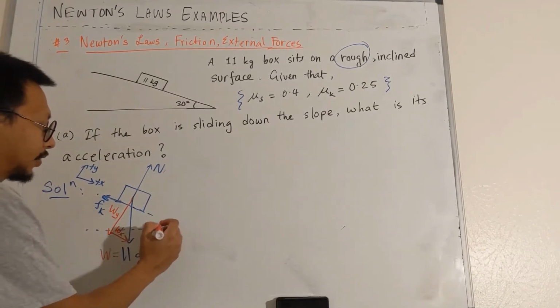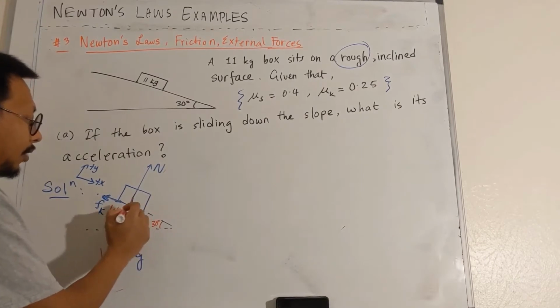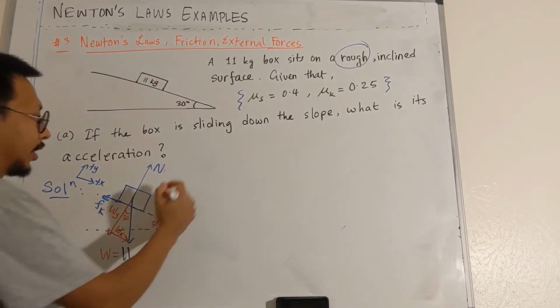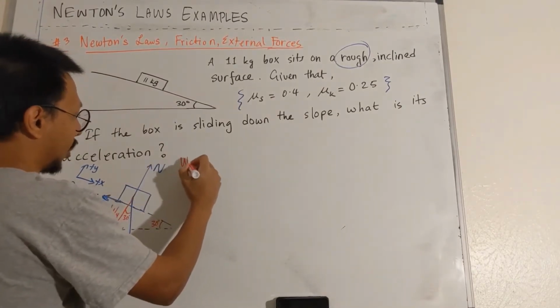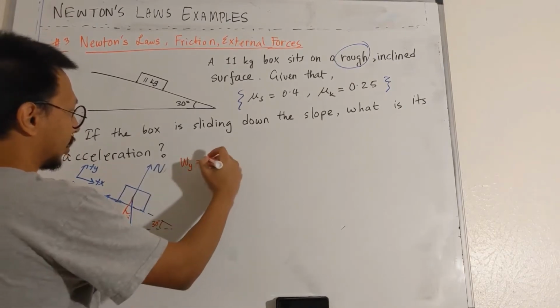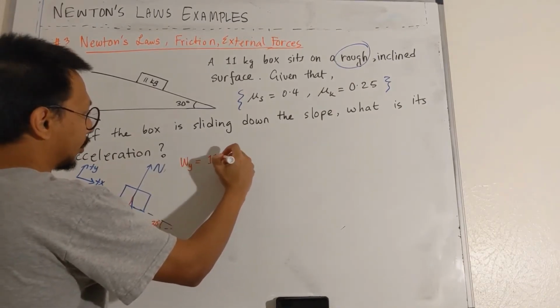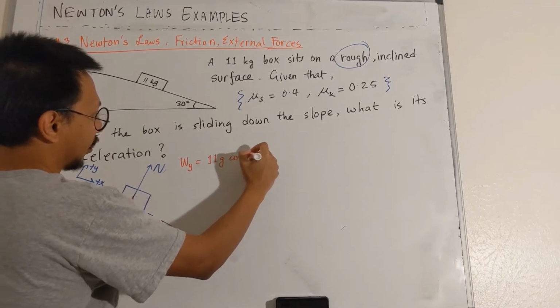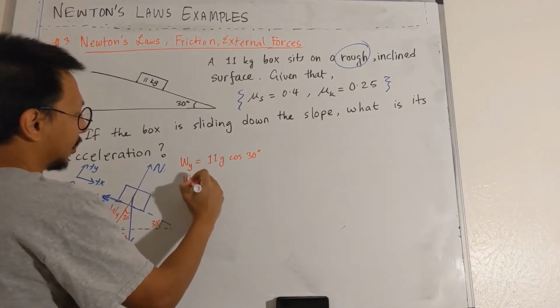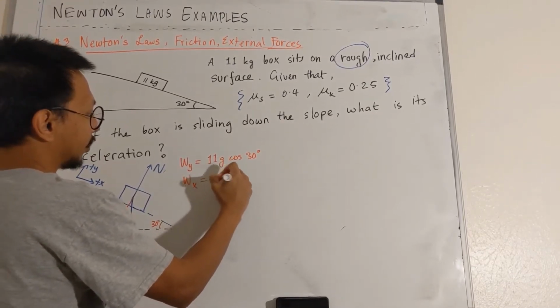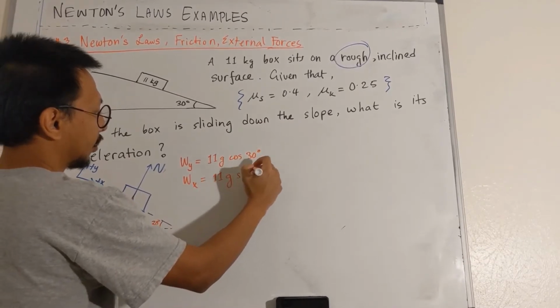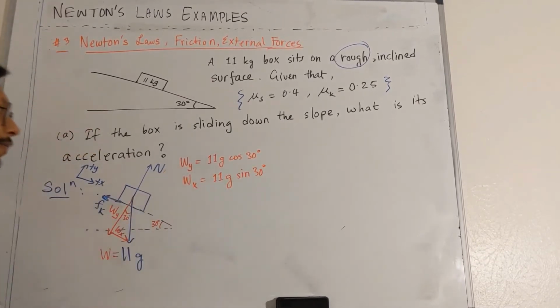So if this is 30, then we know that this is 30, and hence Wy is 11 times g cosine 30. Wx is 11 times g sine 30.